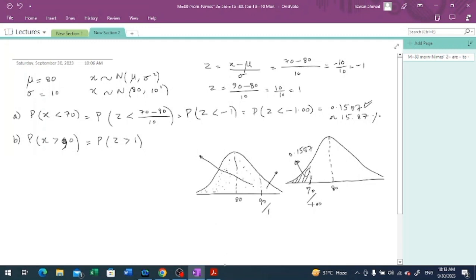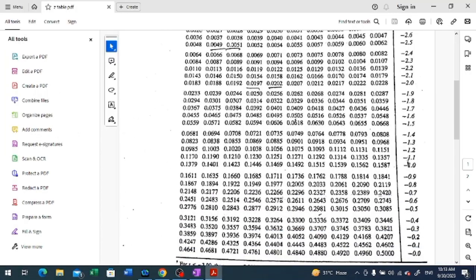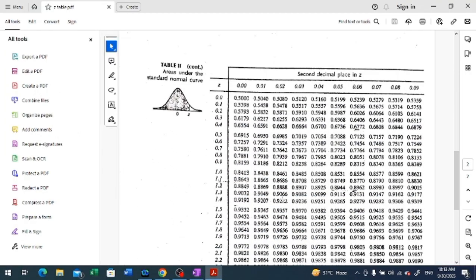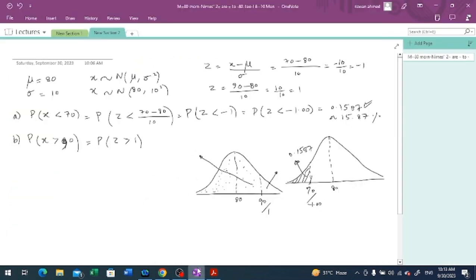Now if we check the probability corresponding to the z value of 1 from the table, this is 0.8413. So this area which is below z value equals 1 under this curve is 0.8413.